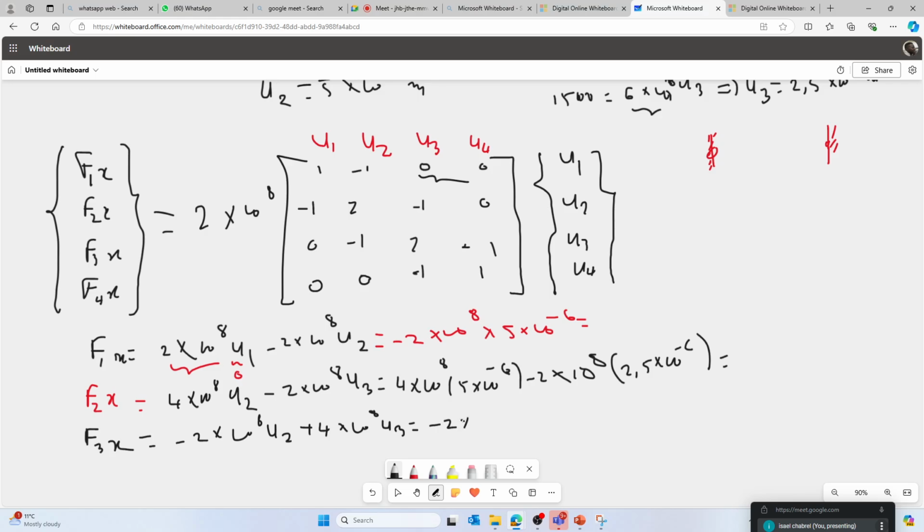Guys, please redo this example. Redo it to understand it. If you can understand it, you should be fine as we proceed. Please redo it. U2 is 5 10 minus 6 plus 4, 4 10 to the 8.